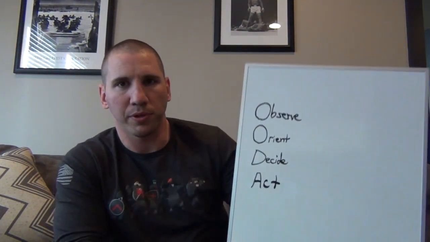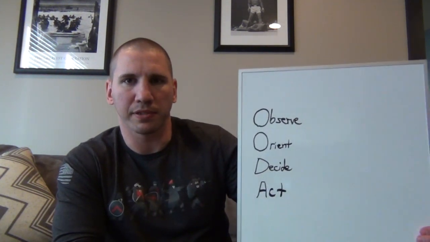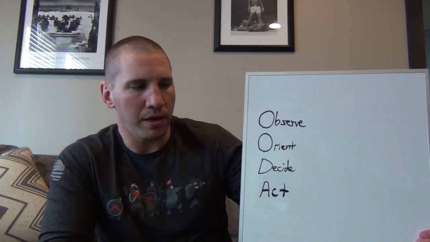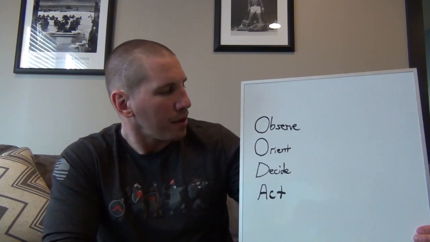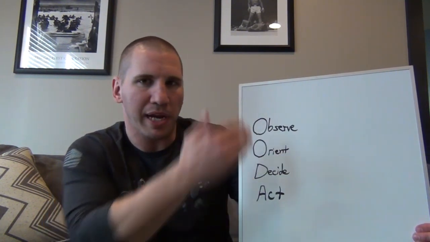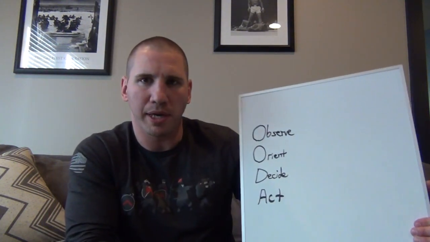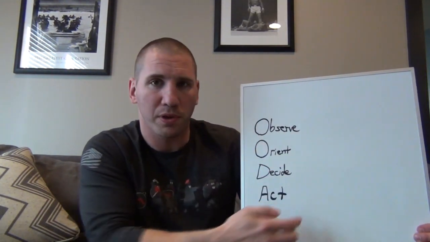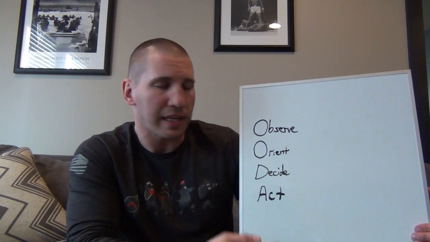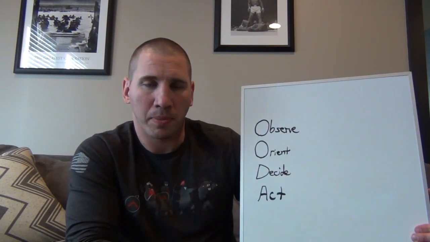So what are OODA loops precisely? When you're in any sort of conflict situation, and we're going to stick obviously to the airsoft concept, this is how we make our decisions. Every decision we make, every target we engage, we have to go through all 4 of these steps in order to successfully engage a target.